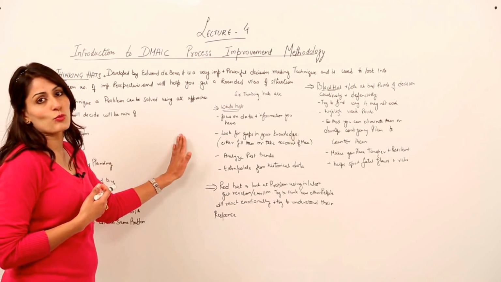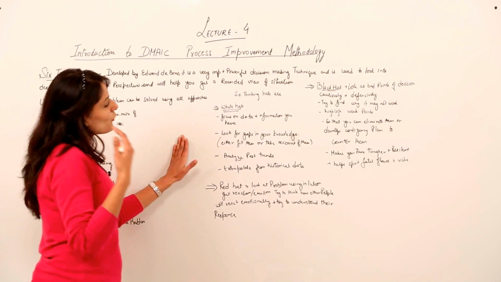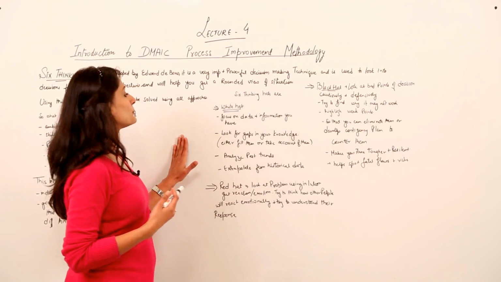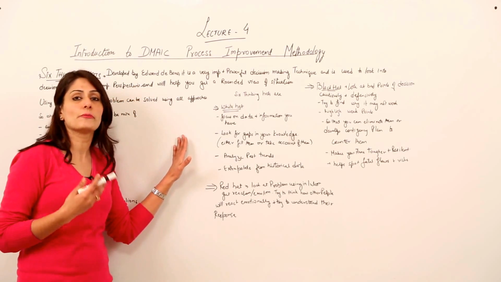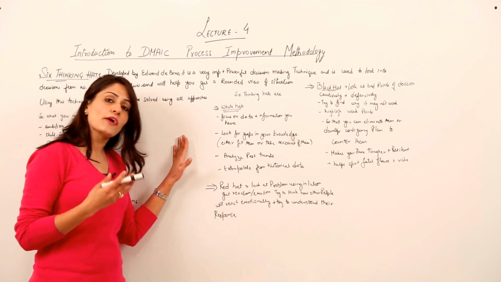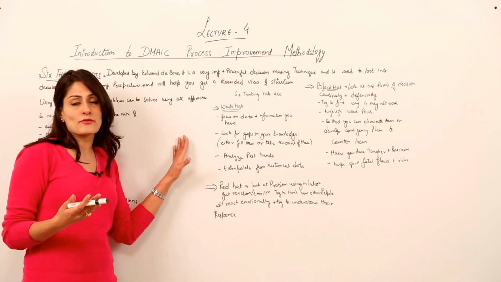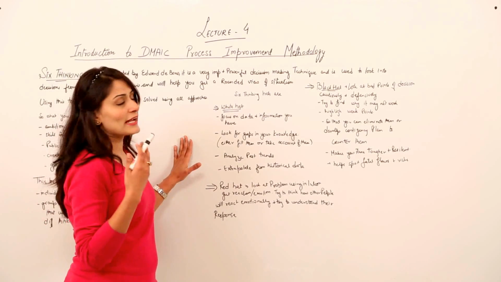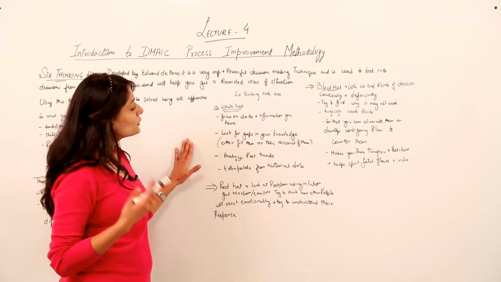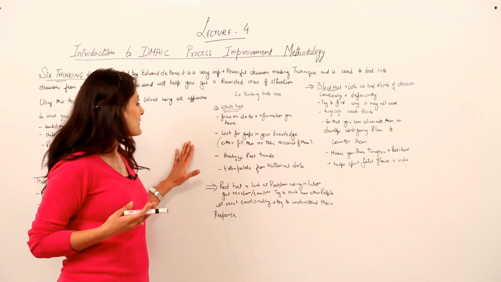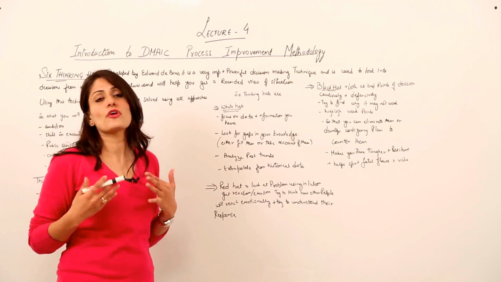The first one is the white hat. When you wear the white hat, your thinking focuses on the data and information you have. You look for gaps in your information, then either you try to fill those gaps or you try to take account of them. You analyze past trends and extrapolate from historical data.